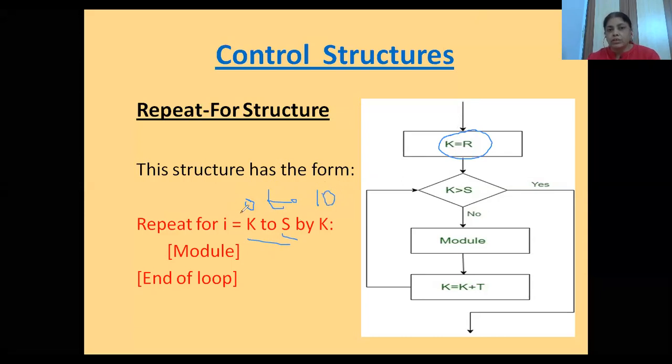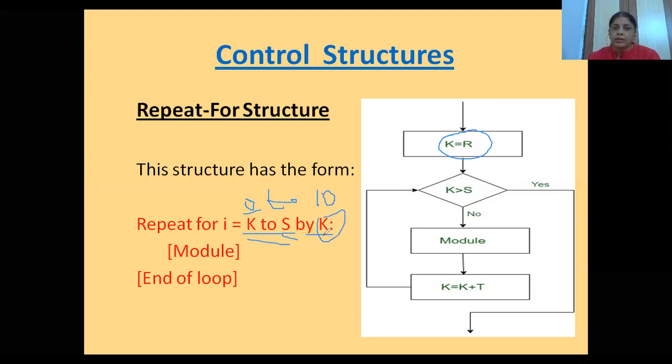So 0 is your initial condition, and the test condition, कैसे लिखते थे C++ में, I is less than equals to 10. और here we have to give, here we are getting from this line k to s, means 0 to 10, and this is step by k, कितने steps वो बढ़ेगा, so by k.